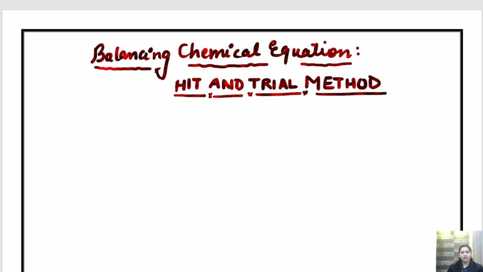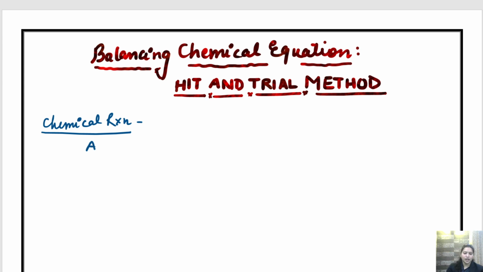So for any chemical reaction to be balanced, first of all, you should know what a chemical reaction is. So children, what is a chemical reaction? You have already studied in your previous classes. So we know that when two or more substances mix together to give an entirely new substance, that is called a chemical reaction.